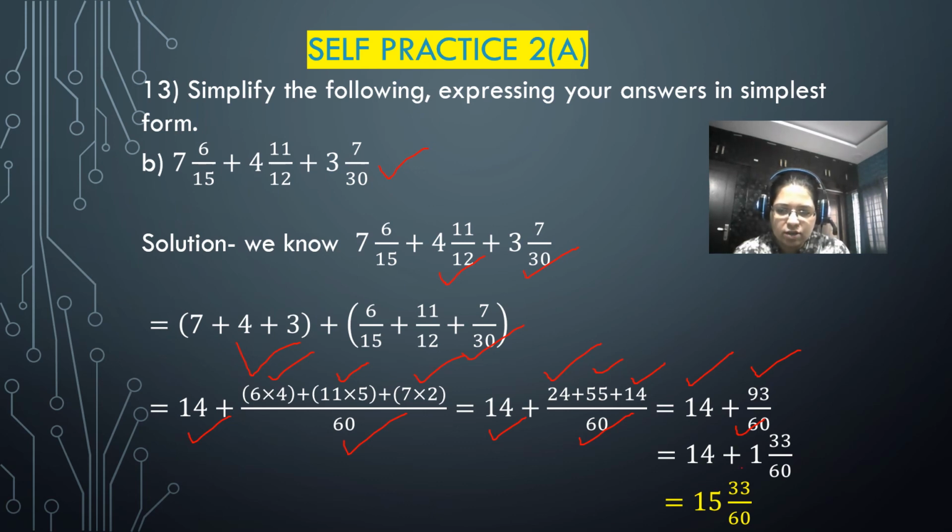So we get 93 divided by 60 equals 1 and 33 divided by 60. So we get 14 plus 1 and 33 divided by 60, and add the whole number parts separately. 14 plus 1 is 15. 15 and 33 divided by 60.